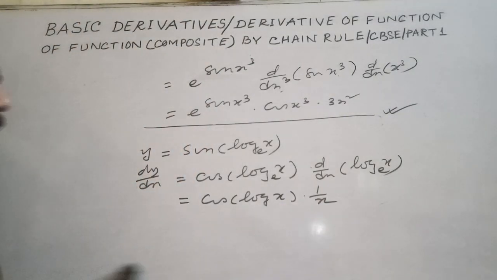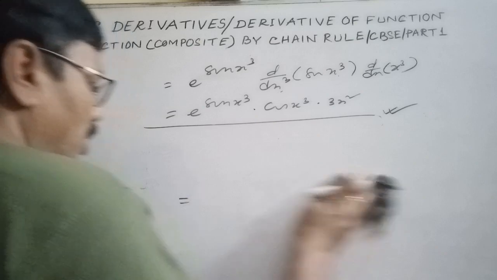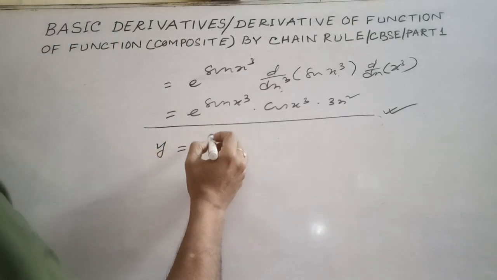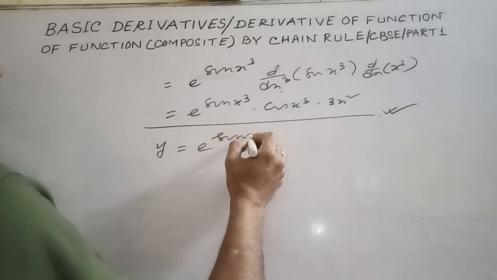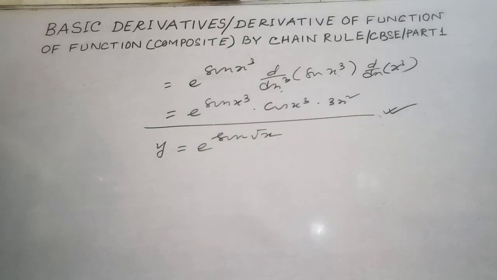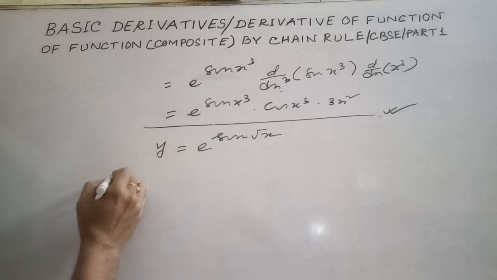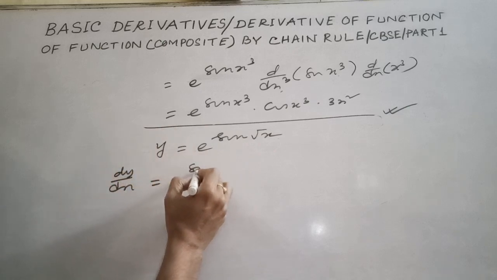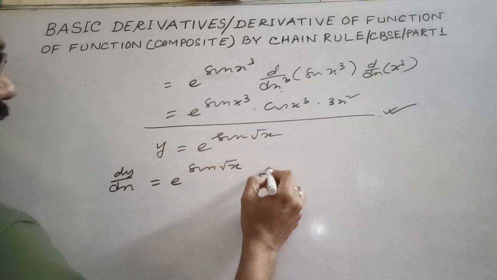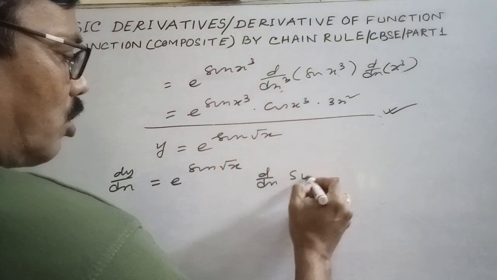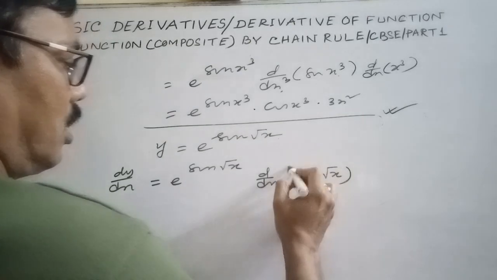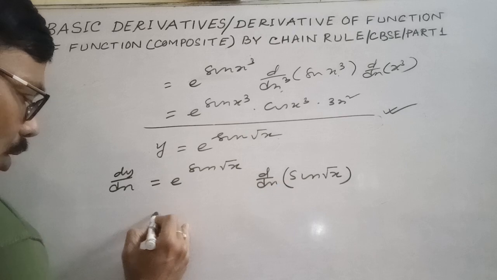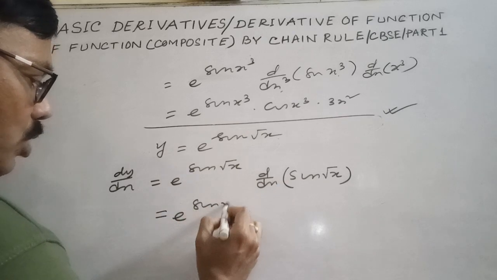Suppose, look, y equals e to the power sine root x. Now the main function is e to the power x. So dy by dx, derivative of e to the power x is e to the power x. Then d/dx of the argument of e to the power. So this one, then e to the power sine root x.